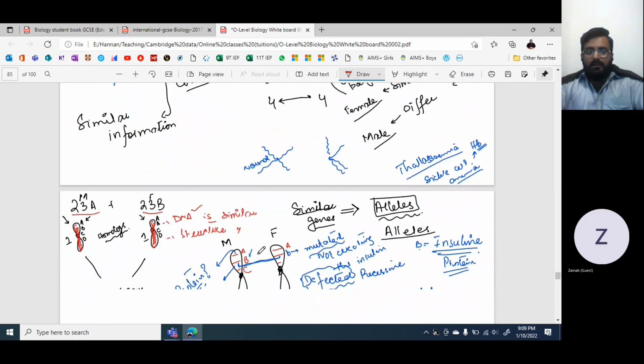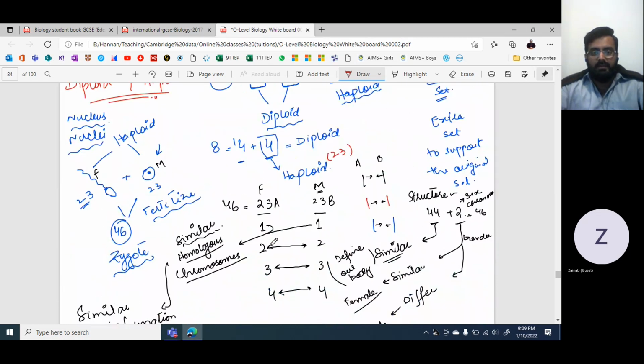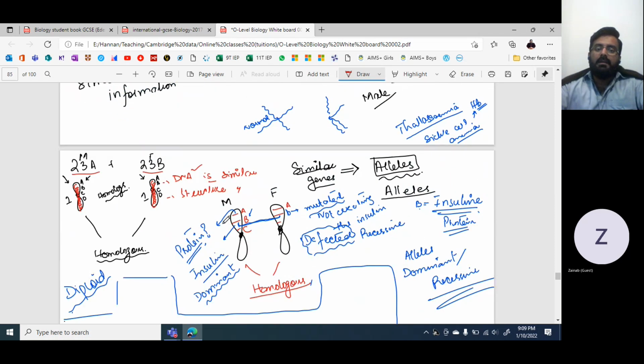And then we said that if both of these are similar, one is similar to one, two is similar to two, it means that both have the same genes, or at least the same type of genes present at the same location. For example, if there is a set that was given to the offspring by the mother, and another that was inherited from the father, then these are two homologous chromosomes, meaning similar chromosomes with almost the same nature of genes.